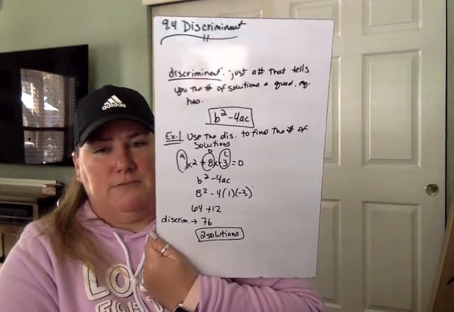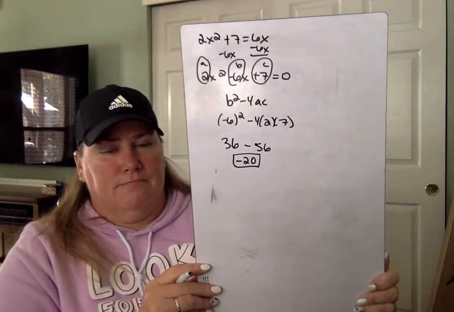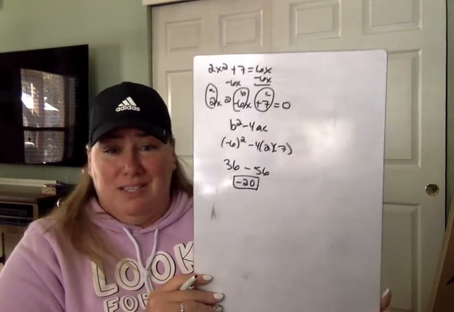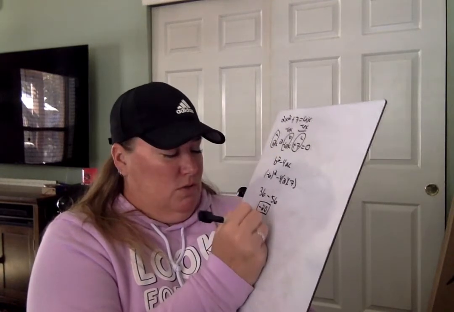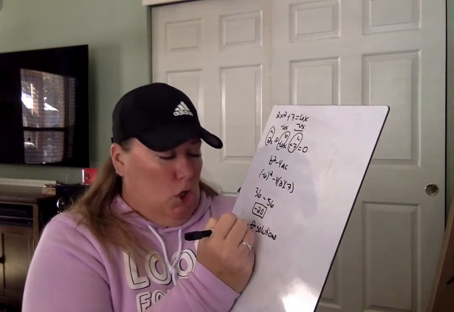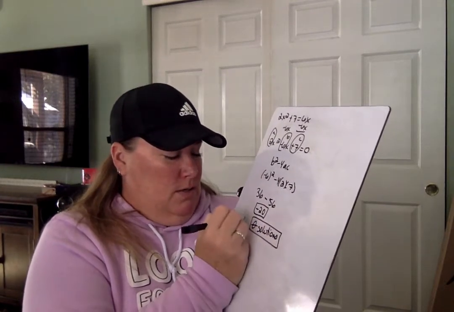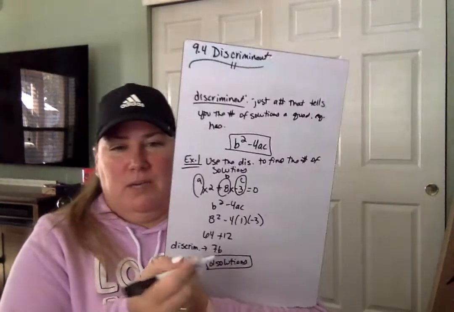Just to remind you guys what we had over here. Negative 20. I'm going to tell you that there are no solutions. So 0 solutions. Because remember, the question is asking for the number of solutions. I still kind of box the discriminant.